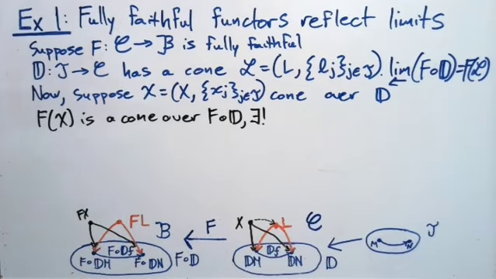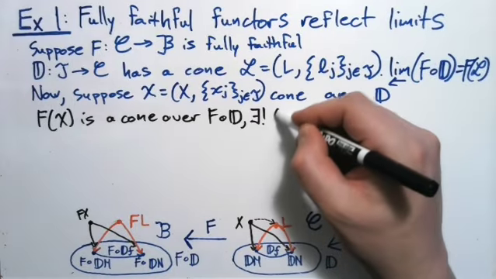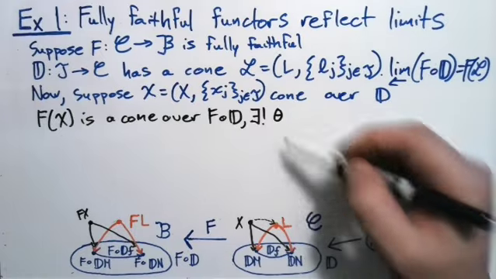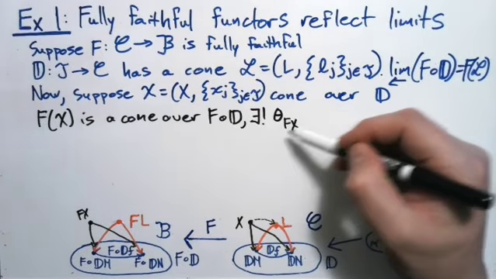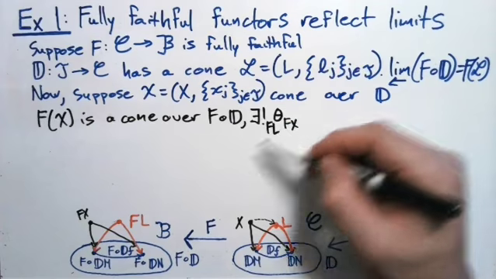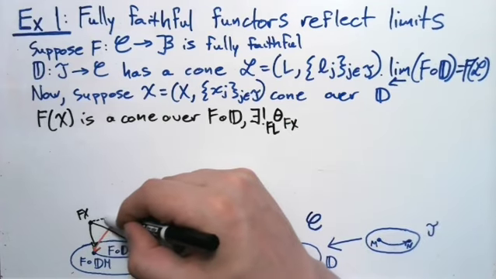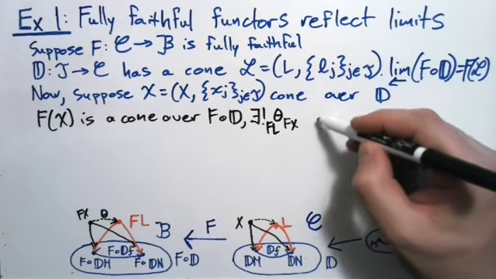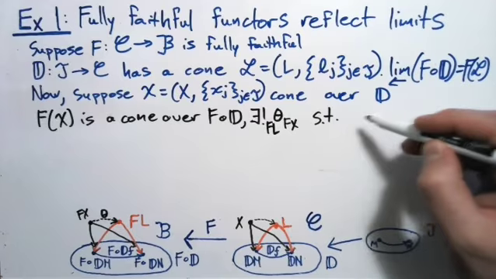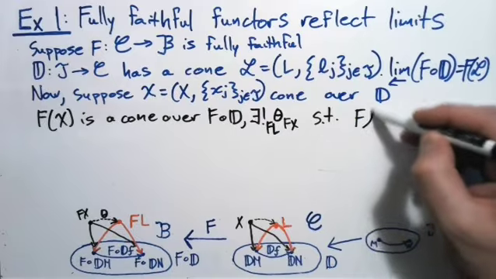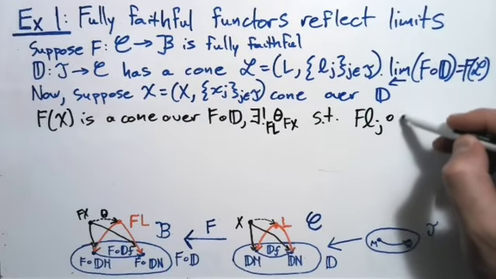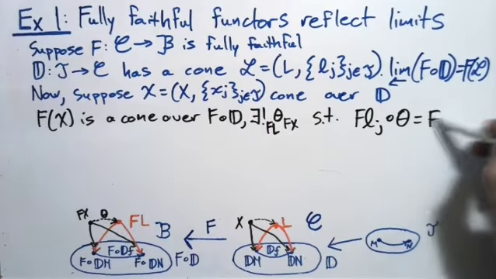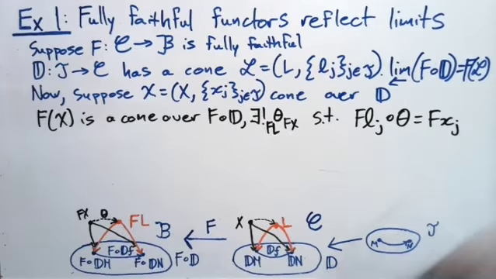So there exists some theta going from F of X to F of L here, such that F L J after theta is always equal to F of X J, right?